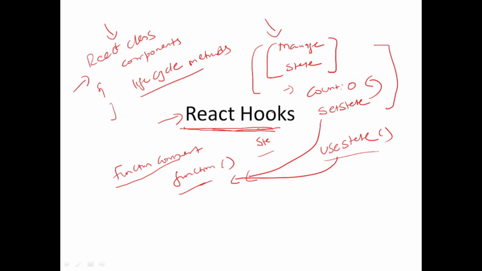So such special functions are called React hooks, and useState is one such special function which will help us manage state within a functional component. If you didn't understand the definitions or this explanation so far, nothing to worry. First, visit my previous lecture and take a look at the demonstration in this lecture so that you'll be able to understand difference and you'll be able to understand how things work with respect to hooks.